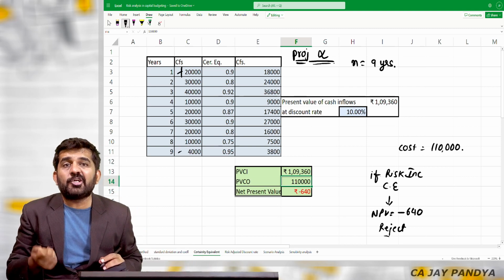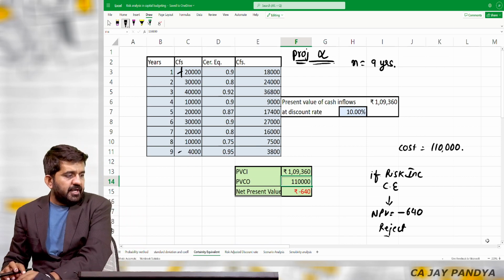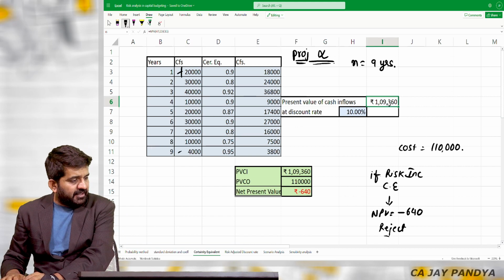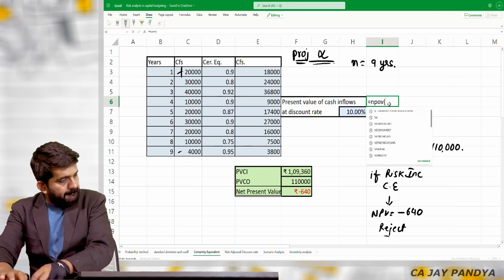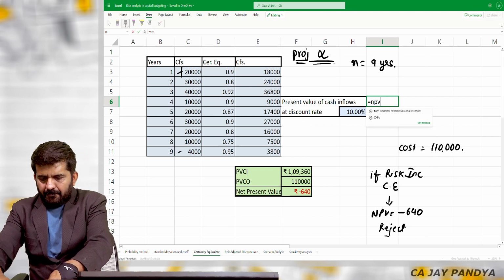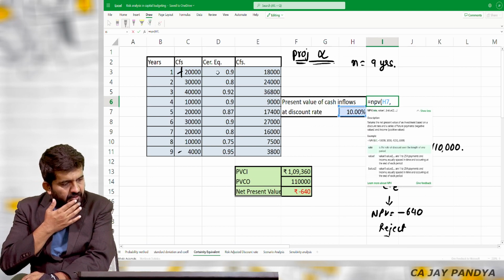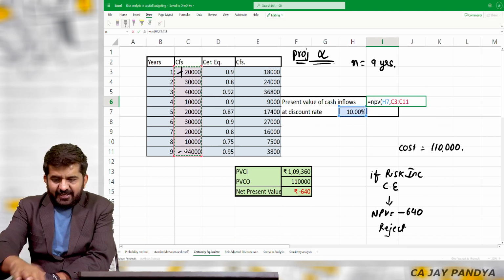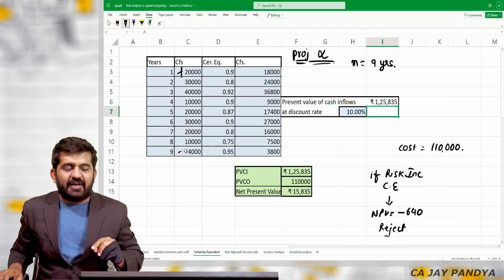Had we not used this approach, the certainty equivalent approach, try to concentrate. Can I find out my NPV? The answer is yes. How? I will be taking this cash flow. So I have not taken certainty equivalent into consideration.